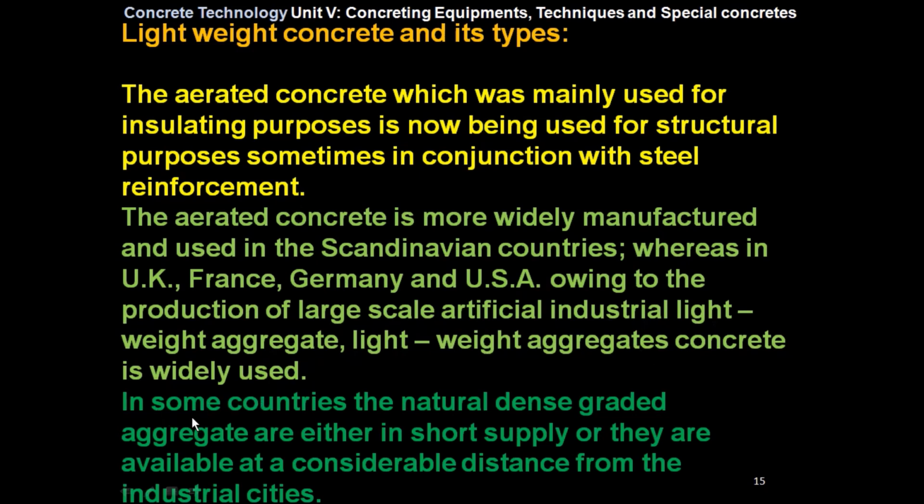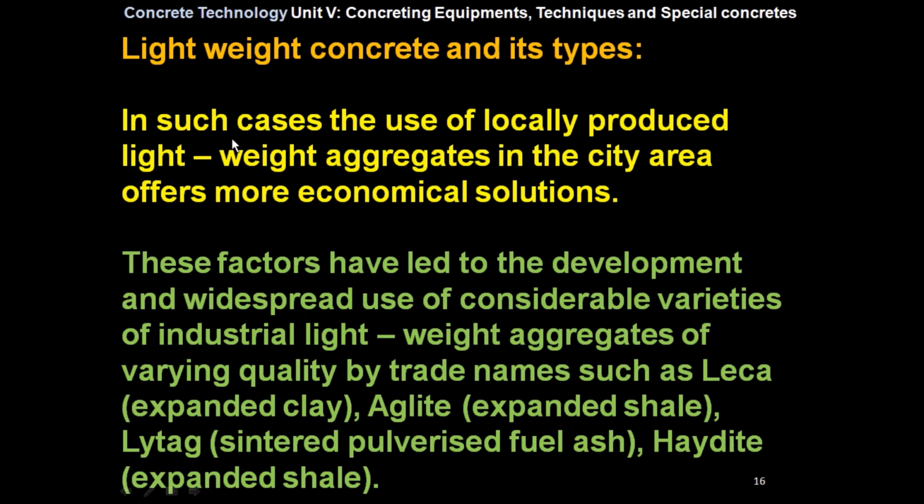In some countries, the natural dense graded aggregates are either in short supply or they are available at a considerable distance from the industrial cities. In such cases, the use of locally produced lightweight aggregate in the city area offers more economical solutions.